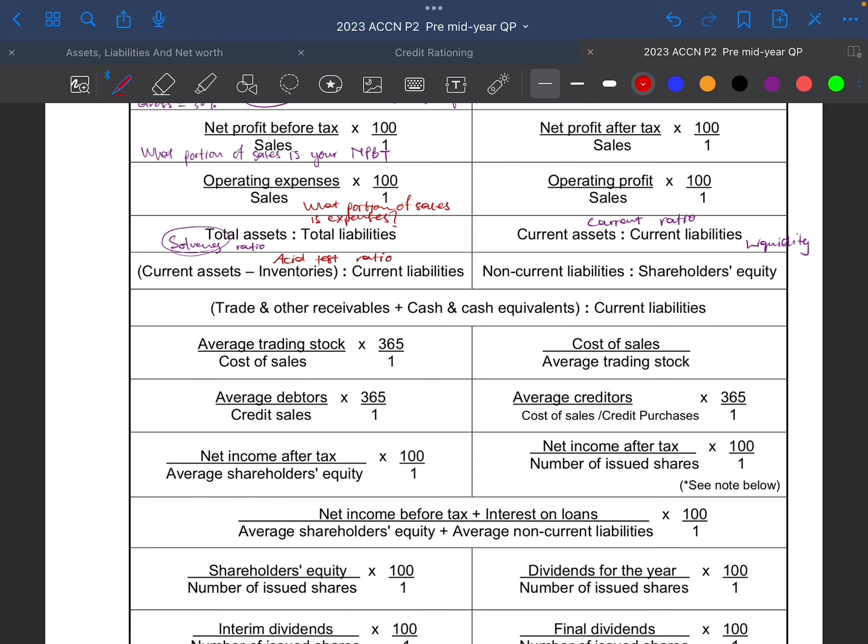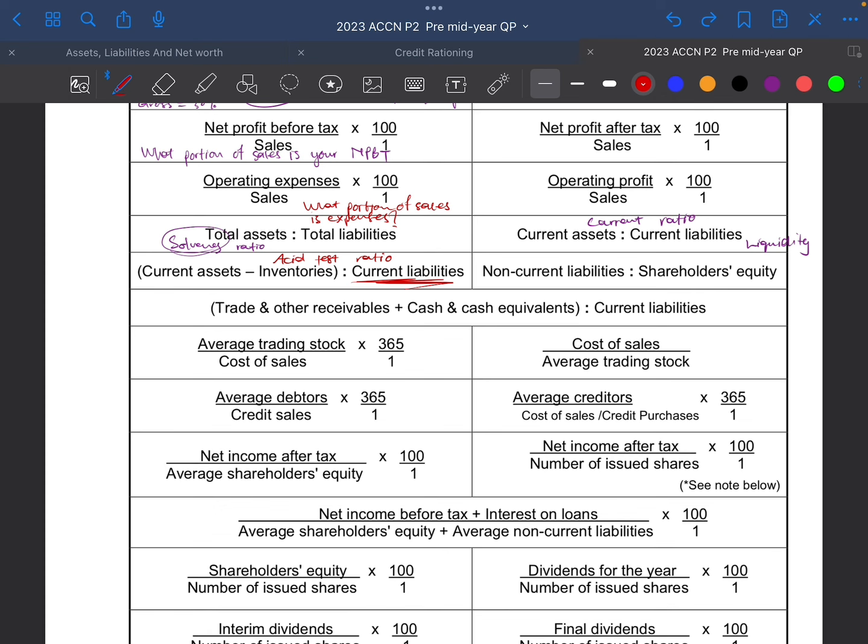Now the acid test ratio says that whenever customers just decide to ditch the business and now they don't want to buy our stock, would we be able to pay off our current liabilities without any sale of stock? So that's what this ratio is testing.